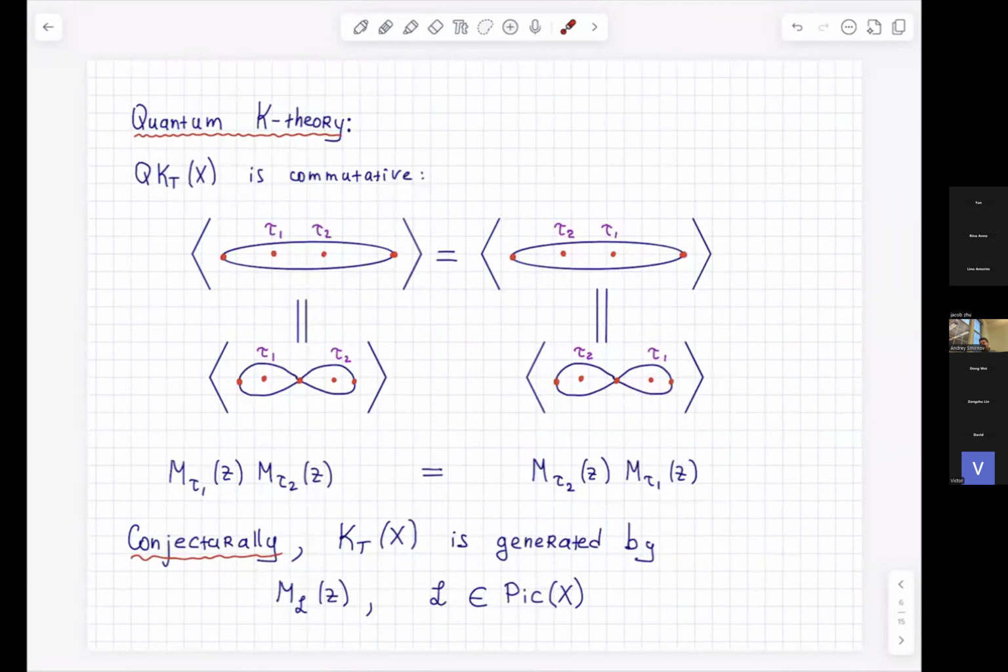Then we know geometrically we can show that this ring is commutative, and behind that there is a certain procedure which is called degeneration and gluing. Roughly speaking, if you study partition functions with 4 points, then the order of these points on the rational curve doesn't really matter. So we can switch the order of insertions tau1, tau2 in this way.